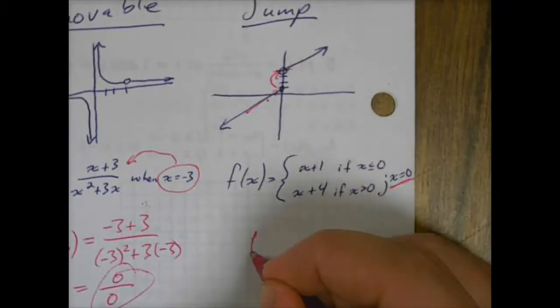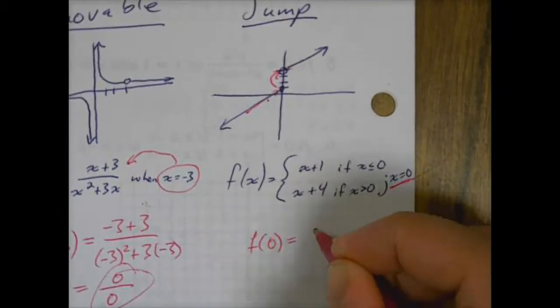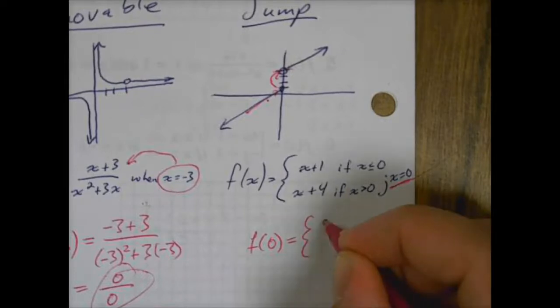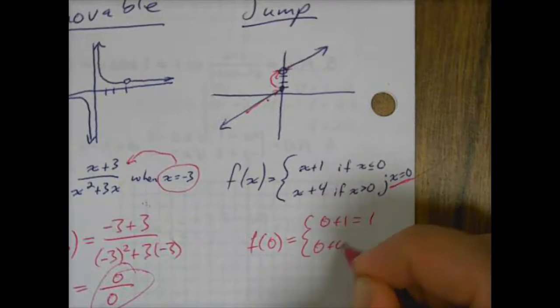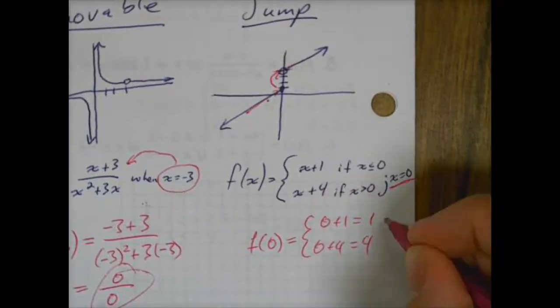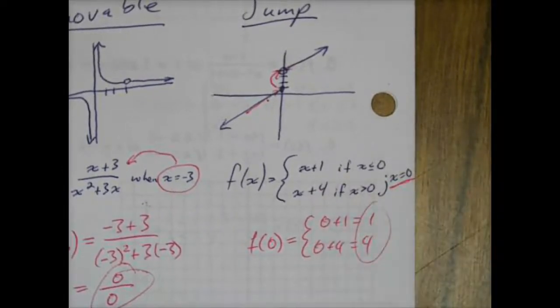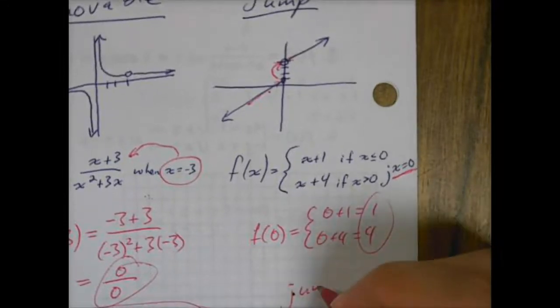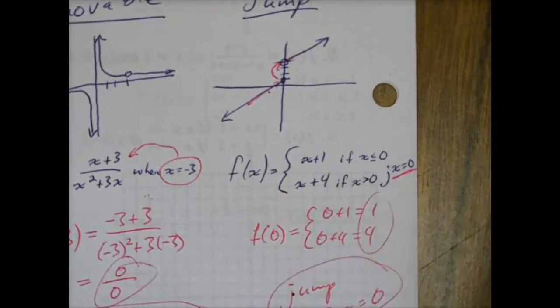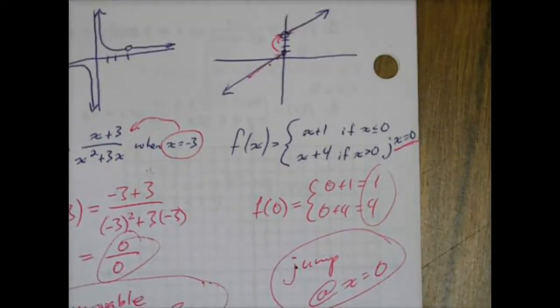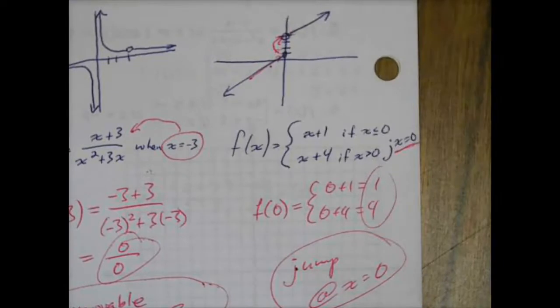But we can check and see if f of 0 is the same for both of them. So we'd have 0 plus 1 would be 1, and 0 plus 4 would be 4. These values are not the same, therefore we would have a jump at x equals 0. That would be a discontinuous jump at x equals 0. And we can see by the graph that this is a jump.